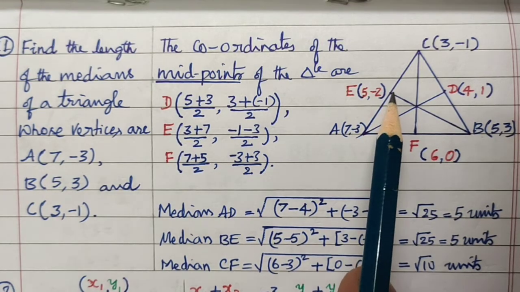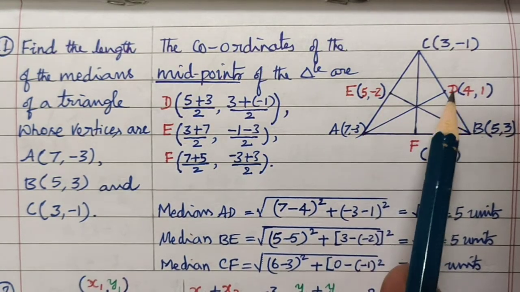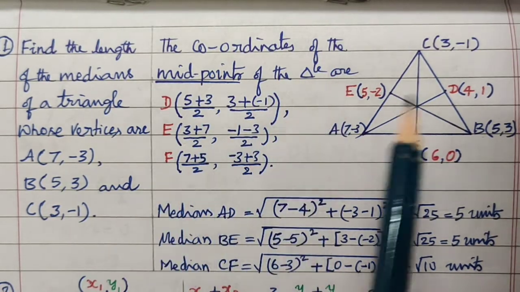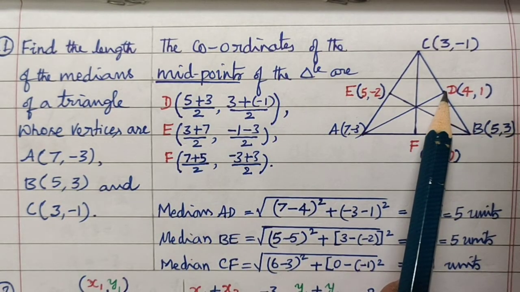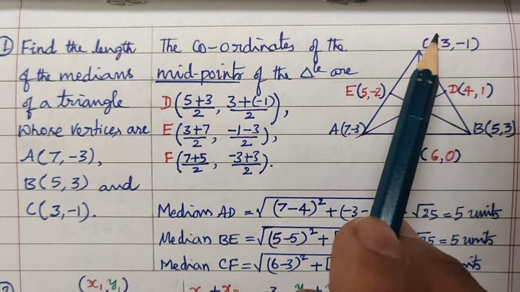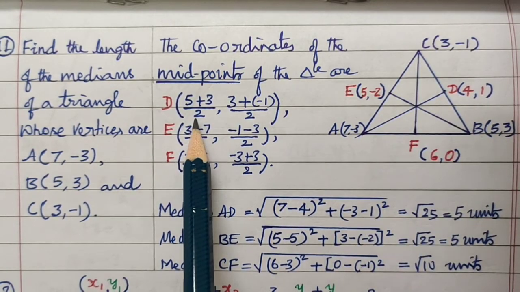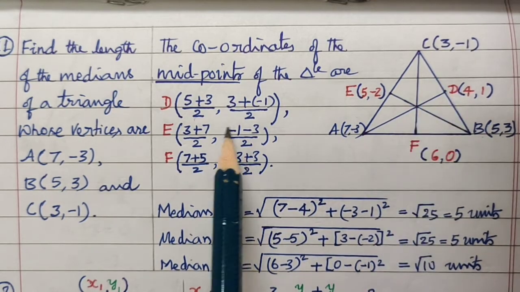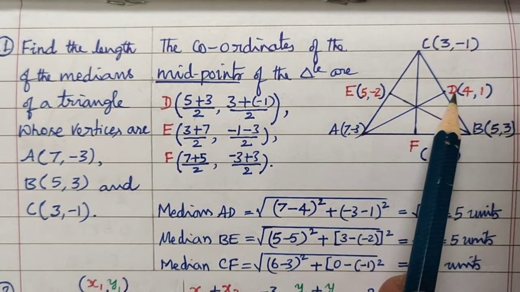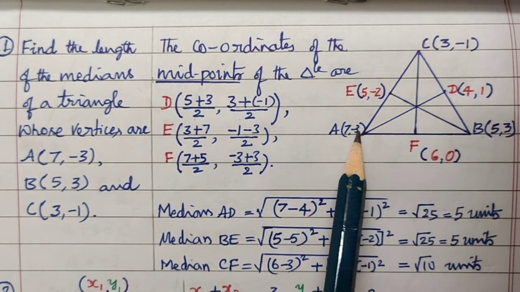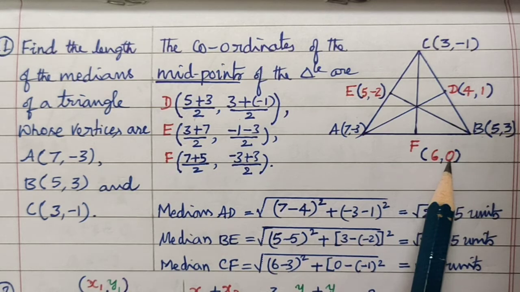So we can use the midpoint formula to find D, E, F. For this, (x1 plus x2) divided by 2, that is (5 plus 3) divided by 2, then (3 minus 1) divided by 2 will give the coordinates of D. This plus this divided by 2, and this plus this divided by 2, will give the coordinates.